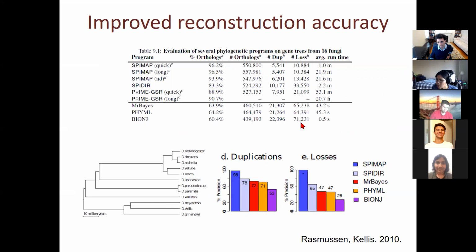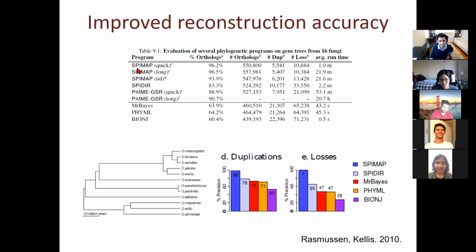So that's what we need to surpass. And now these maximum likelihood approaches, or posterior probability approaches, that are not based on the species tree, are doing slightly better and inferring slightly fewer duplications and losses compared to that. But again, they're taking a lot longer, about 80 times longer.